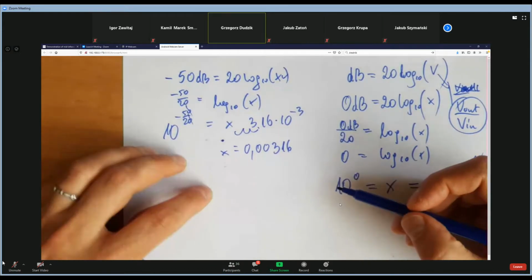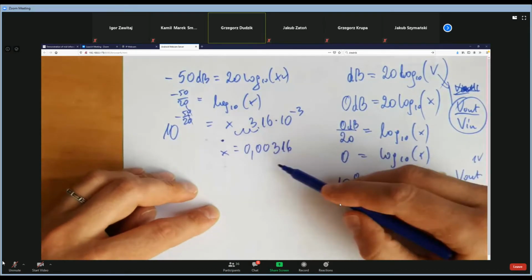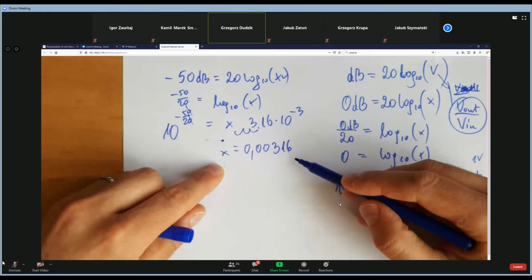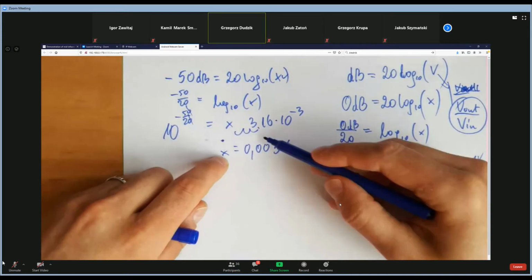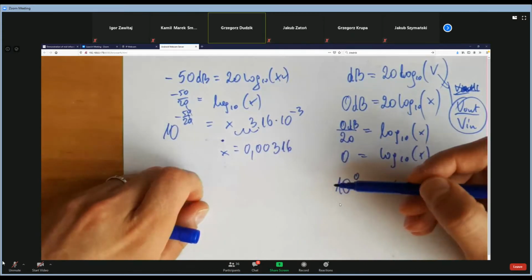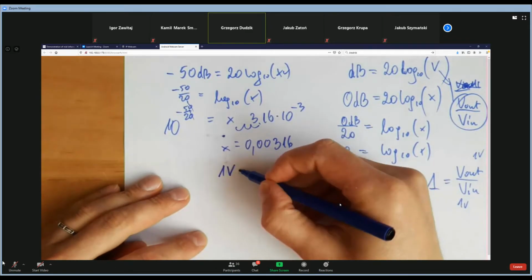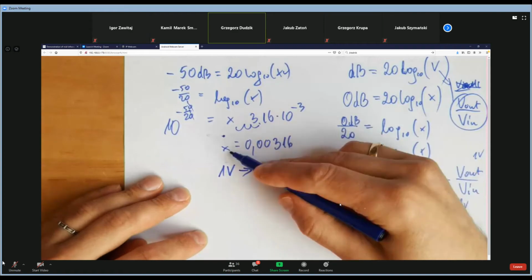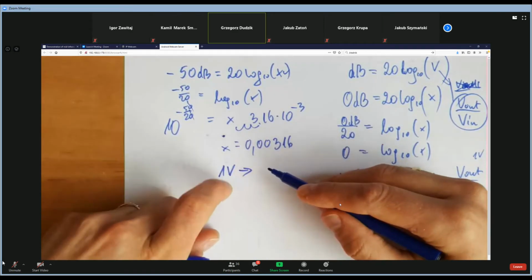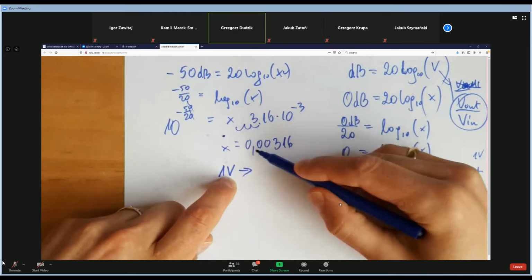As you see, the output signal is lower by this value compared to the input signal. If the input signal is equal to 1 volt, the output signal will be equal to 1 volt times this value.